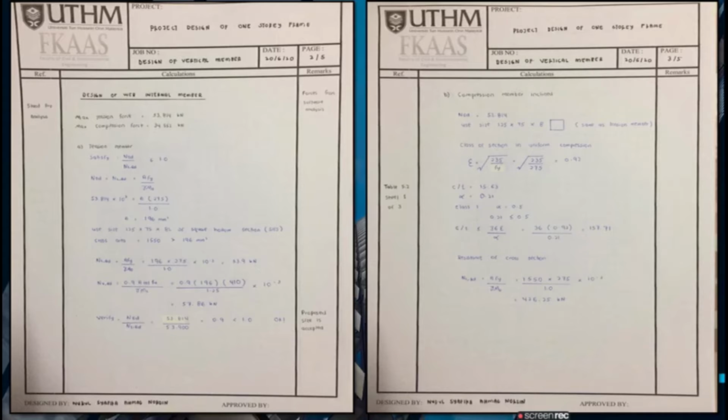After that, I use the formula for the compression member, and I use the NEd value, which is 53.840, and use size 125 times 75 times 8, same as the tension member. Firstly, get the class of section in uniform compression by using the formula. Epsilon is the root of 235 over Fy, and I get 0.9.